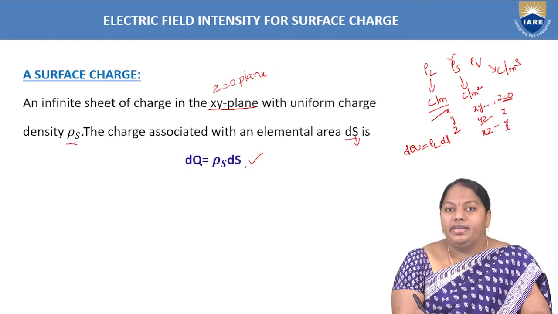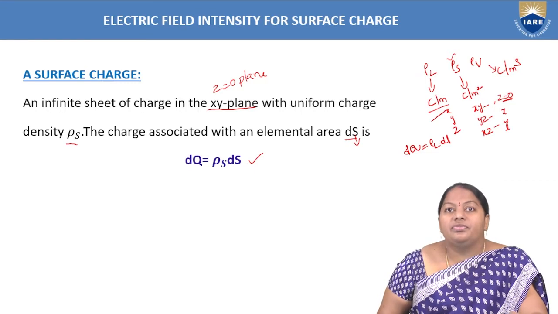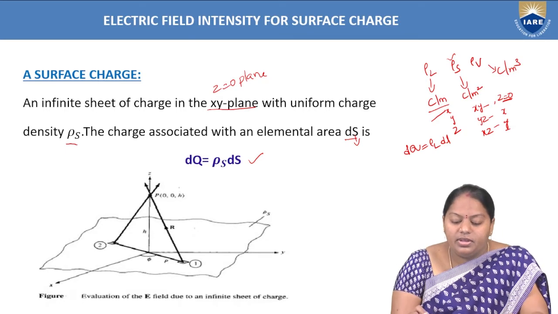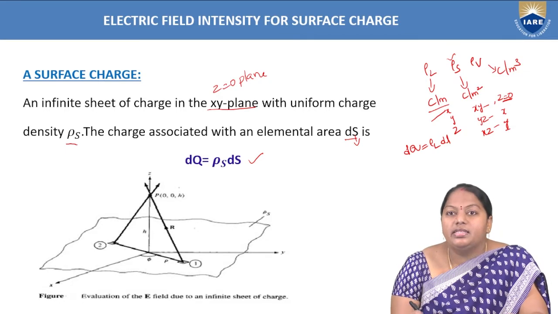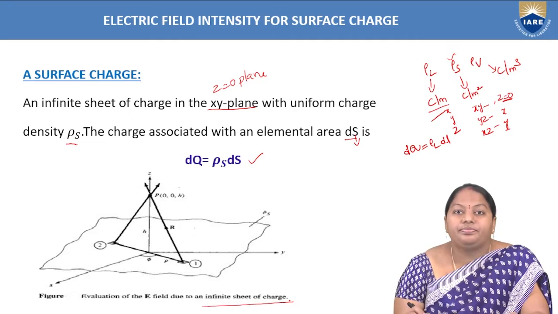Now to analyze how much electric field exists due to this surface charge, we will analyze it with an example. Consider one simple figure, the evaluation of the electric field E due to an infinite sheet of charge.